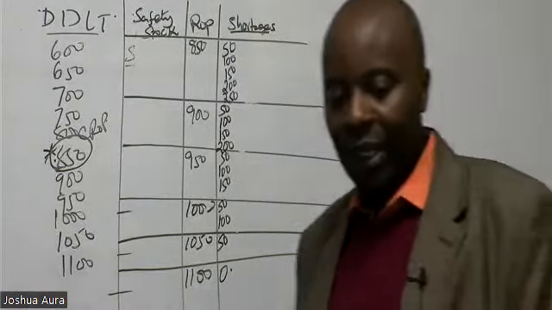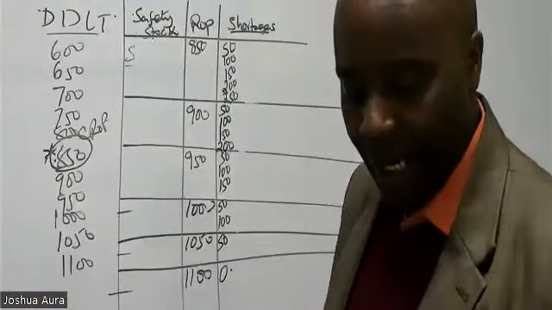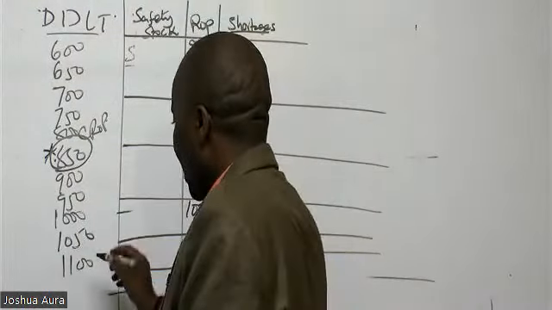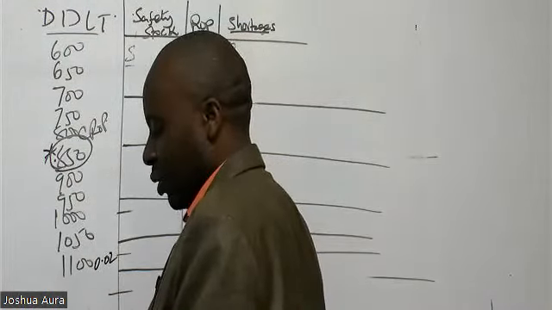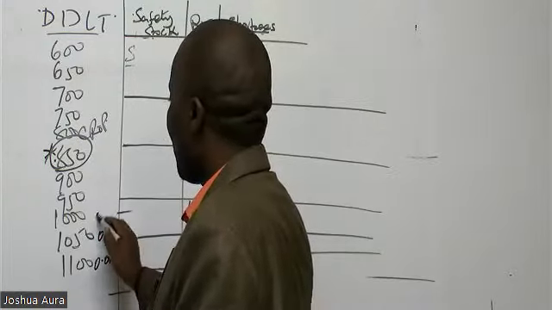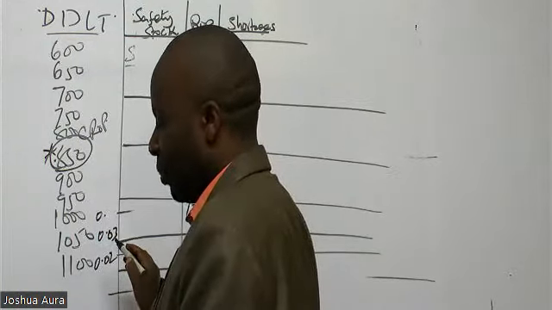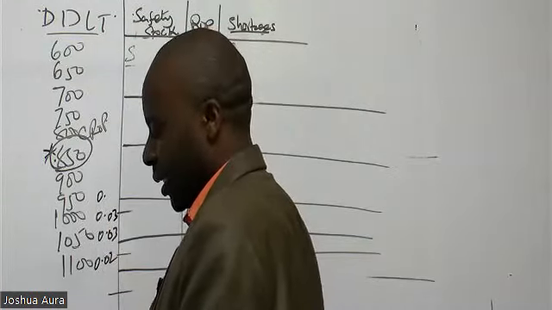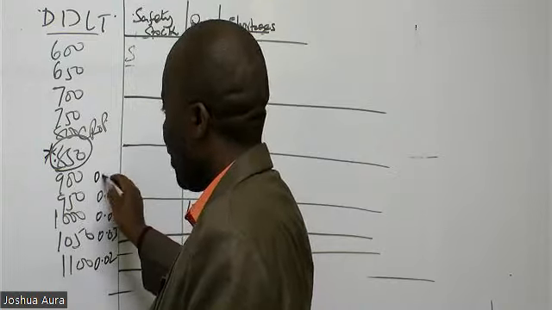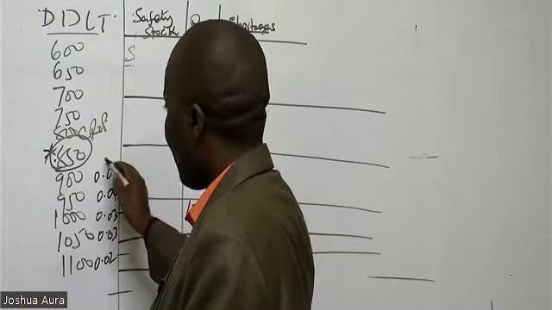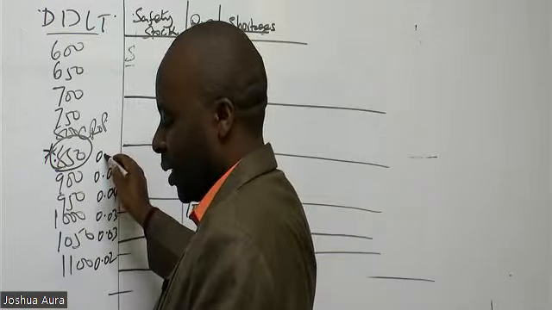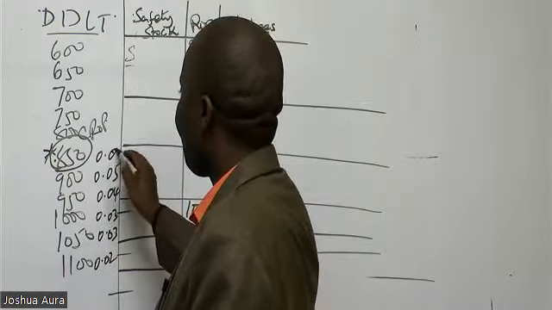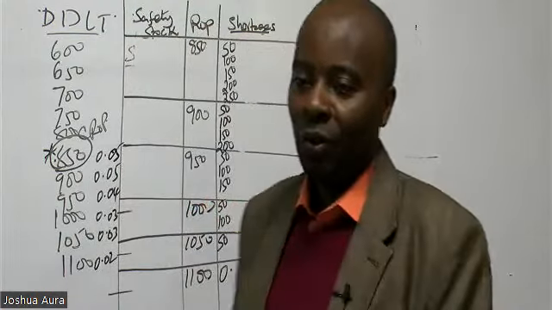I can see those probabilities down there: 0.02, 0.02, 0.03, 0.03 again, 0.04, then 0.05, then 0.05 again. You don't have to write all of them.